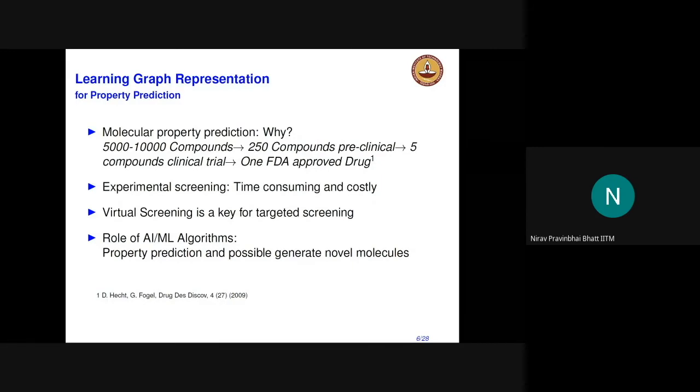And at the end of the day, one compound will be approved by the Food and Drug Administration. Here FDA is the US FDA or other appropriate agencies in the world. And you can see that the journey from 10,000 compounds to 1 is not straightforward.